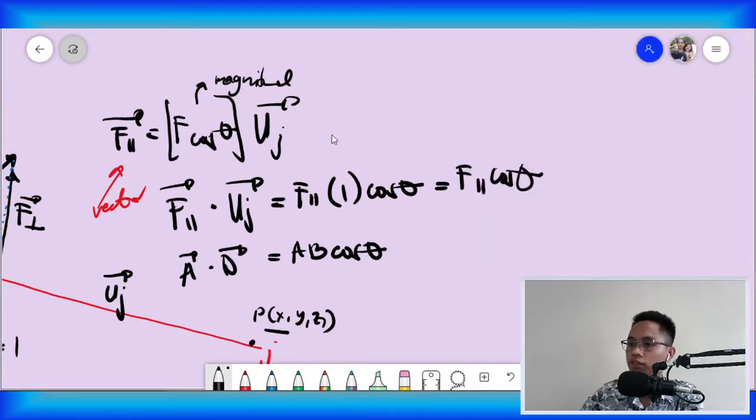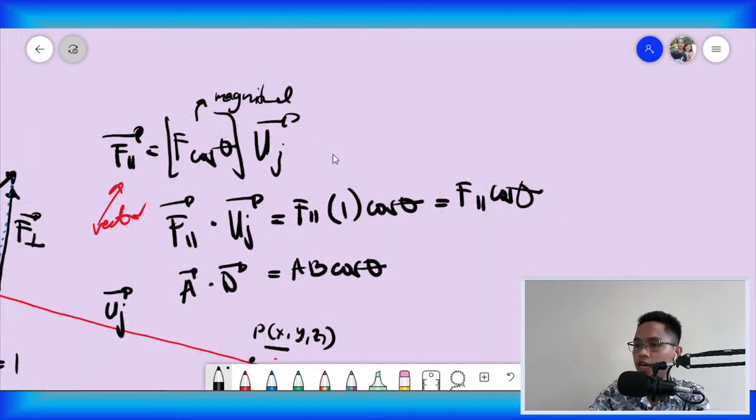So if we are given a force F, sorry, this is not F11, it's F parallel.